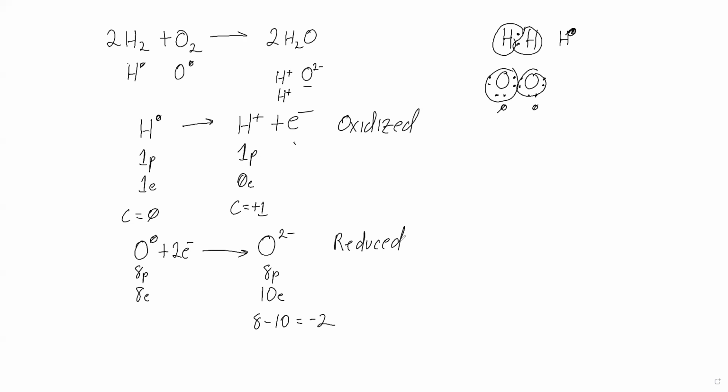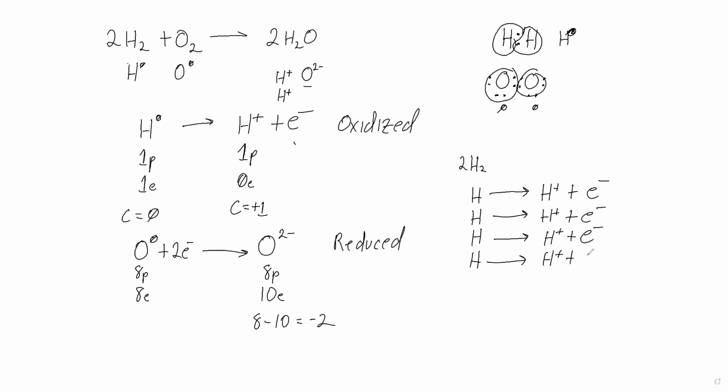So if you look at overall what happened in this reaction, we have 2H2, which is the same thing as 4 hydrogen atoms. And each one went to H plus an electron, so that those 4 hydrogen atoms released a total of 4 electrons.